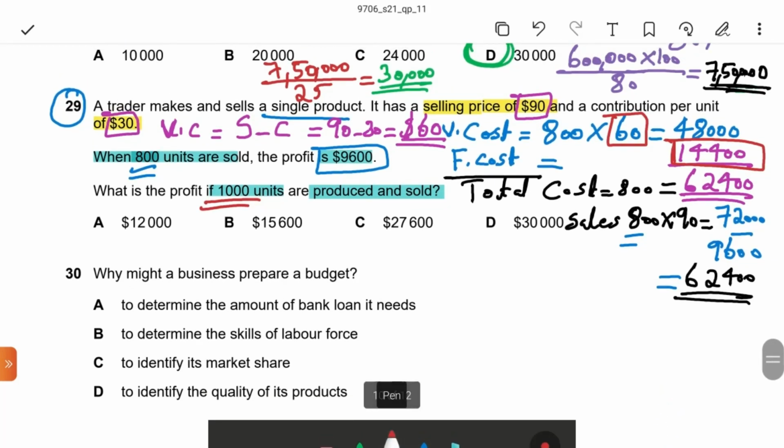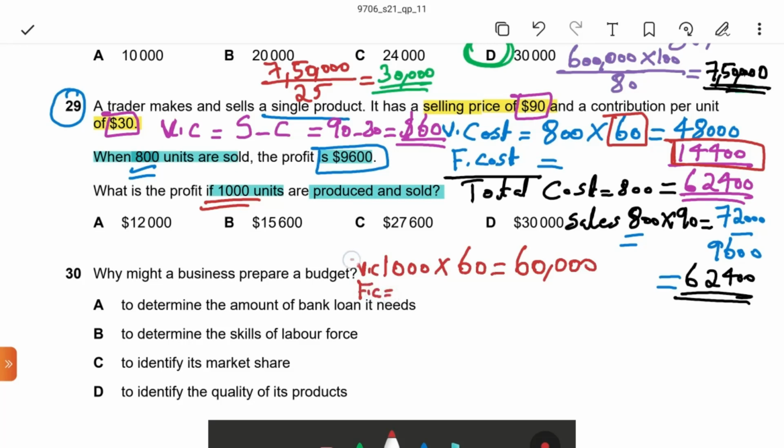So for total 1000 units, first the variable cost. 1000 multiply 60 is equal to 60,000, the variable cost. Next, fixed cost, which we have already calculated, 14,400.